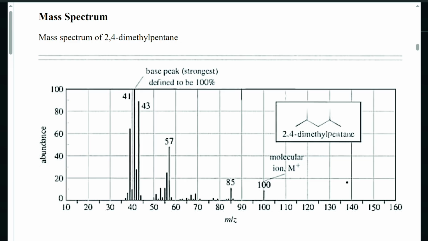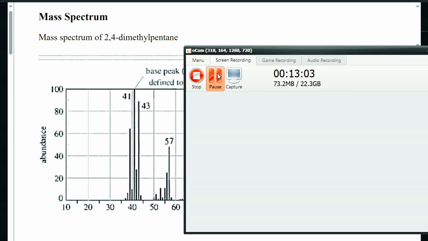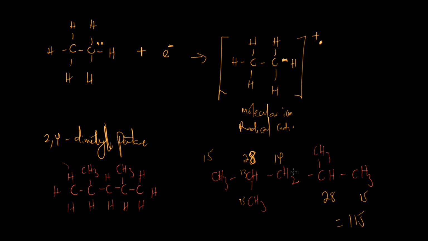But basically the molecular ion peak here corresponds to the total mass of the structure, right? Corresponds to the total mass of the structure. I just checked it again, sorry, I was adding this and then still adding this.